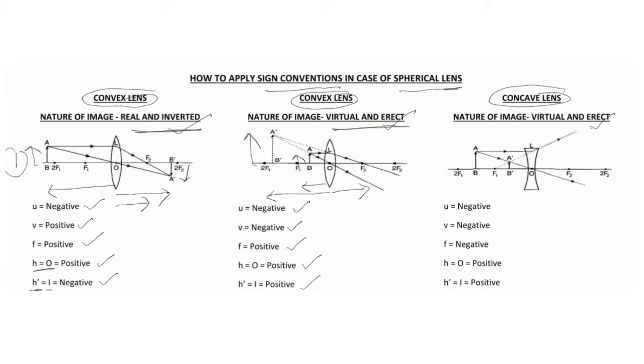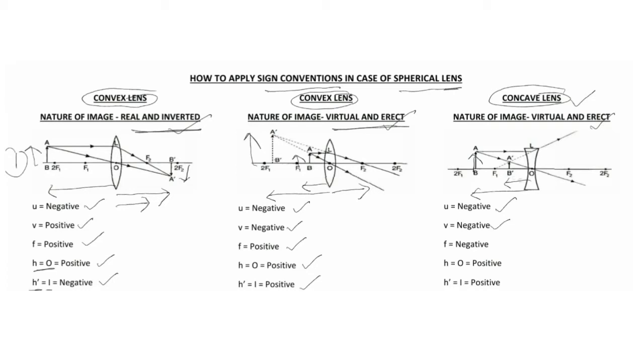Clear? Now let us discuss the virtual and erect image case for the concave lens. AB is the object in this case. U is placed to the left of the optical center, so U is negative. The image is lying to the left of the optical center, so it is negative again.